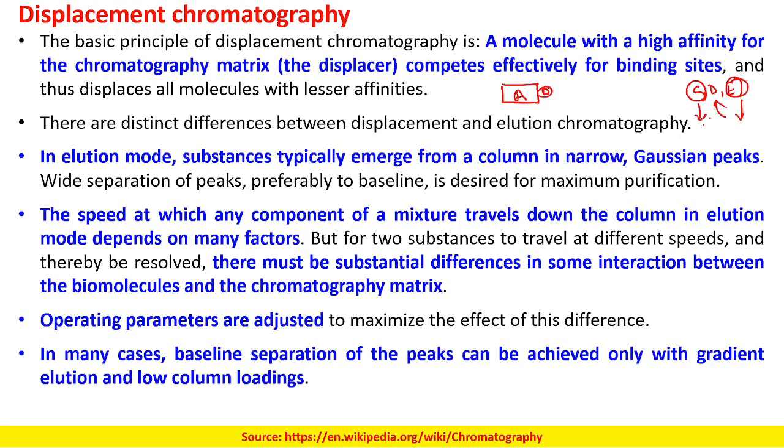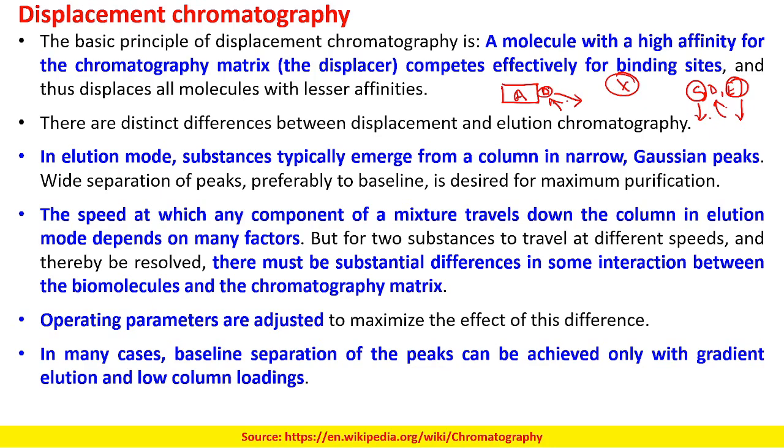Okay. Now once it is done, in the column only D is there. Then what you do? You add another analyte, say X, which has more affinity towards A. So what will it do? It will displace D from the stationary phase, and that D can be collected easily.